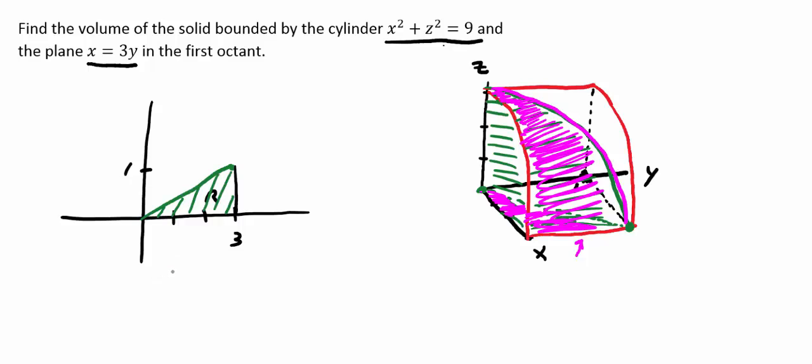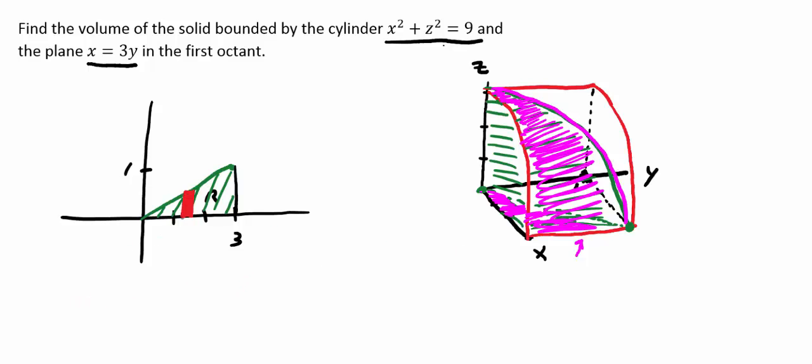You can experiment a little bit, but I think we're going to need to use vertical rectangles here as representative rectangles to help us get our limits of integration. You can try it with horizontal rectangles, which would correspond to the differential order dx dy, but I think you'll run into trouble if you do that.